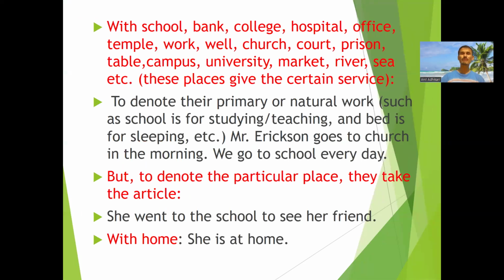Now look at another rule. With school, bank, college, hospital, temple, work, church, court, prison, table, campus, university, market, river, sea, etc., these places give a certain service. We omit the to denote their primary or natural work.